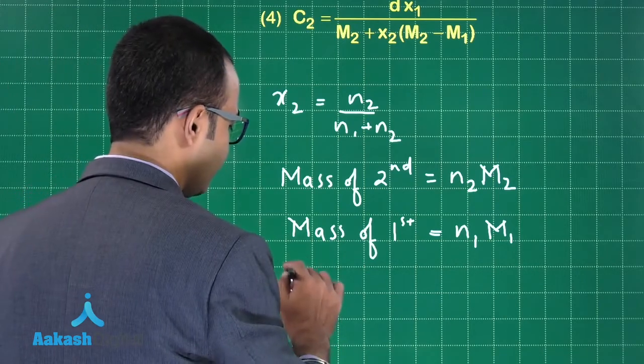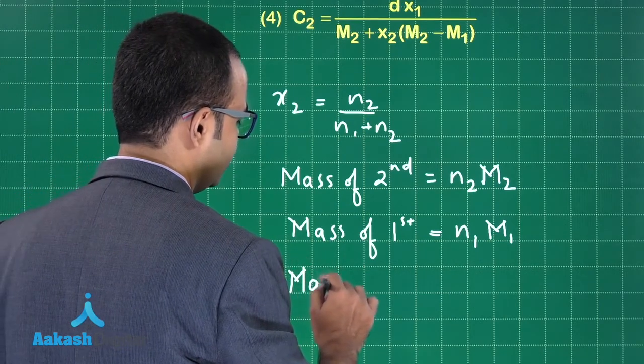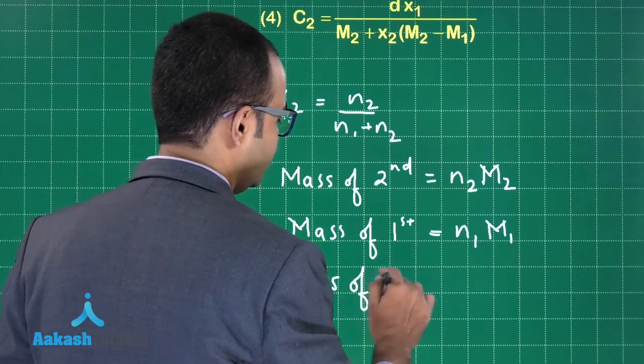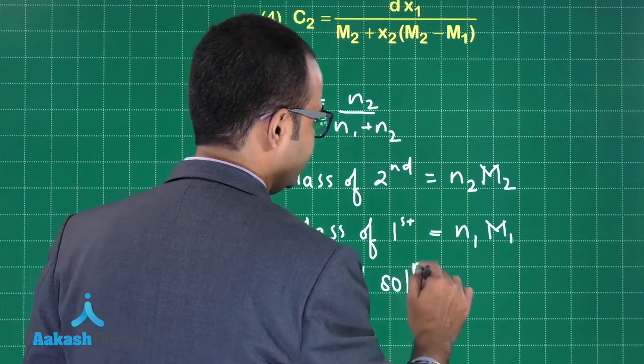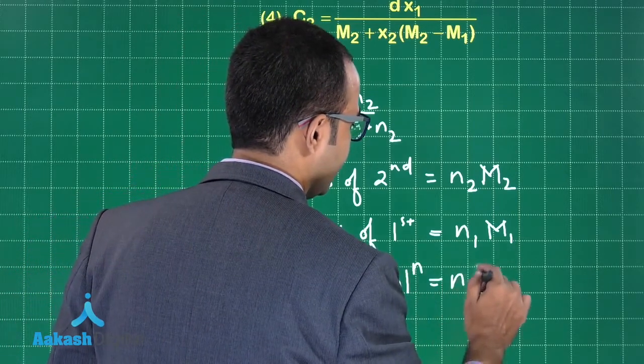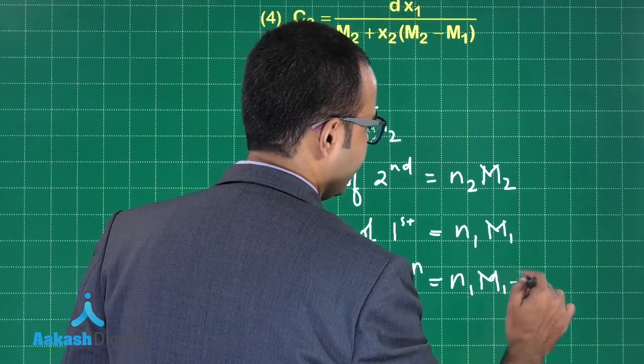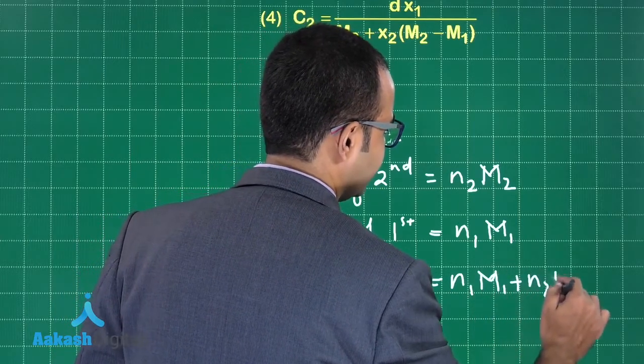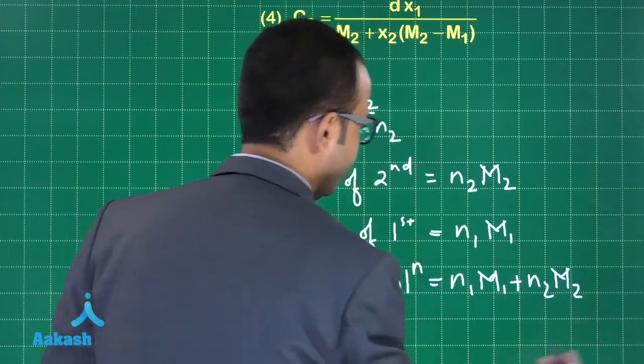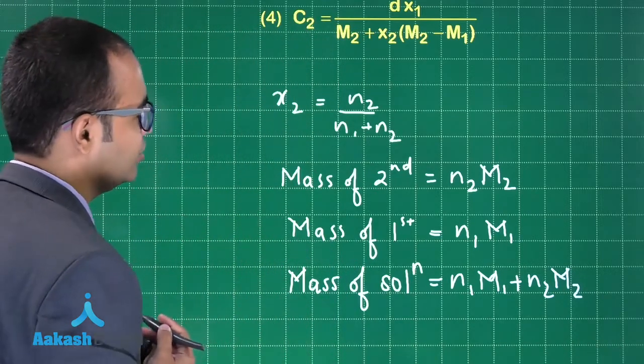What would be the mass of solution? Mass of solution will be N1 M1 plus N2 M2. This is the mass of the solution.